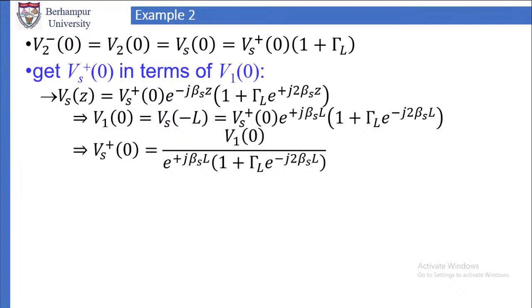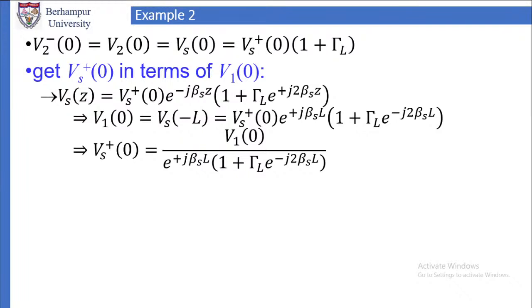V1 0 is the reference point for the first transmission line, and then you have the transmission line section of length L. So the left hand side of the transmission line section is at a distance minus L from the reference for the second transmission line. The reference for the first transmission line is at Z0, so these two are the same. V1 0 is equal to Vs at minus L. Now you can write that as Vs plus, which you can easily find out.